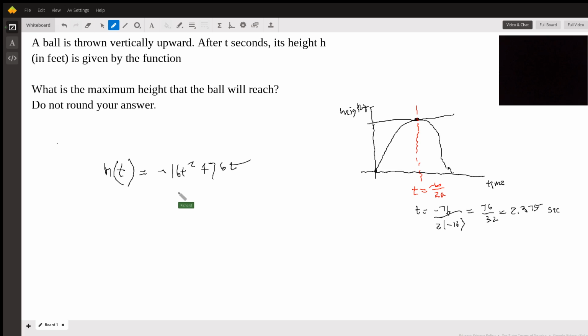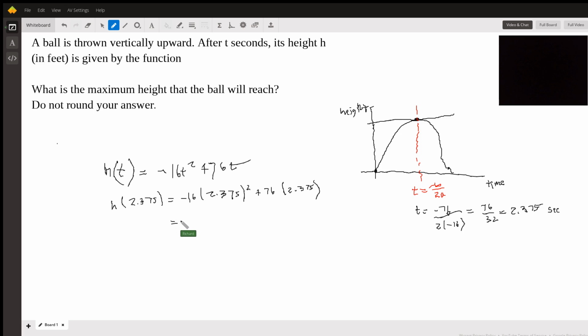So I just need h of 2.375, and so that's negative 16 times 2.375 squared plus 76 times 2.375.